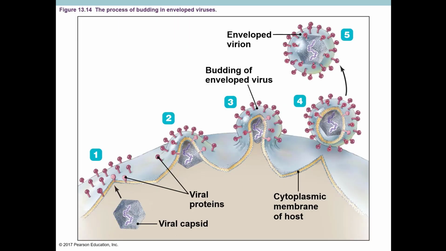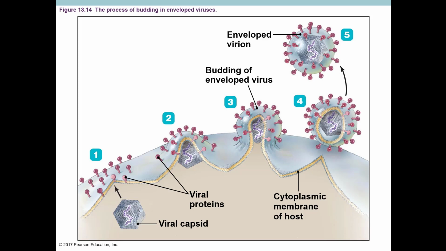So when an enveloped virus is being released, you may recall in part 1 of this lecture, I mentioned that the envelope is provided by the host cell, taken from the host cell. And so here's the picture of the virus particle as it is budding from the host cell.